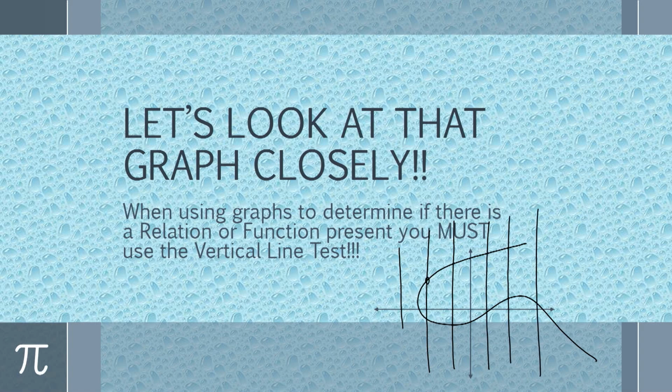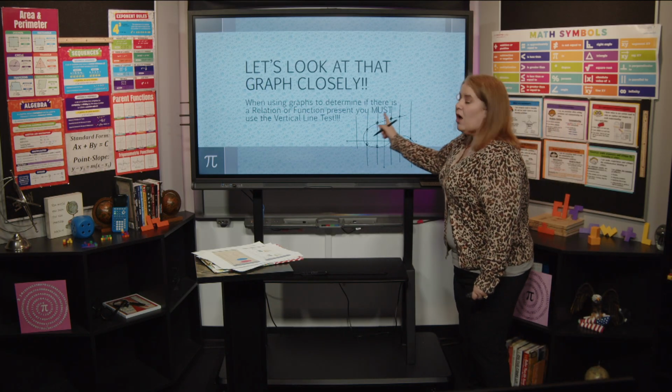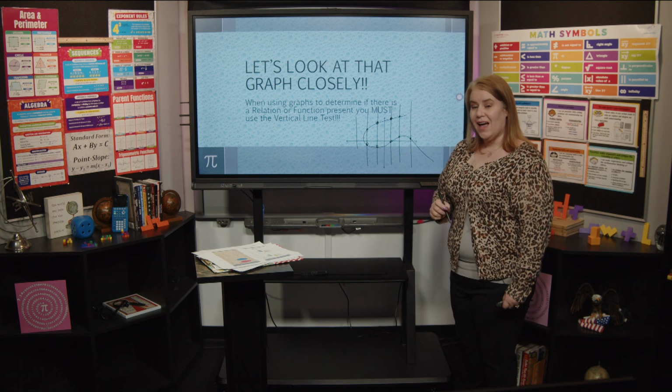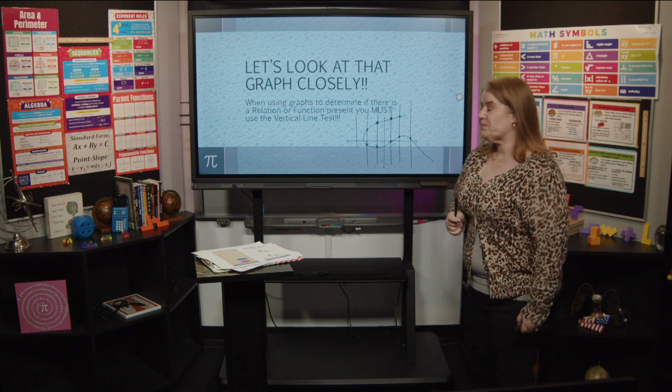It touches once here. Uh-oh, it touches twice. It touches once. It touches twice. It touches once, twice, once, twice, once. Oh, Ms. Killen, it just touches once. It doesn't matter. Through that whole graph, the vertical lines touch more than one time, so it is not a function. We would call this a relation.